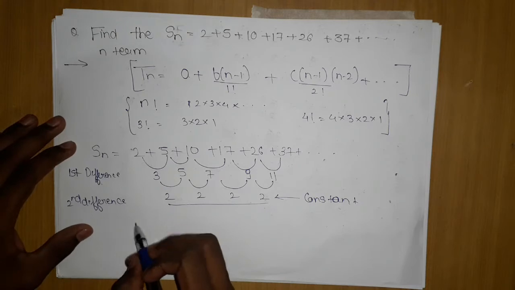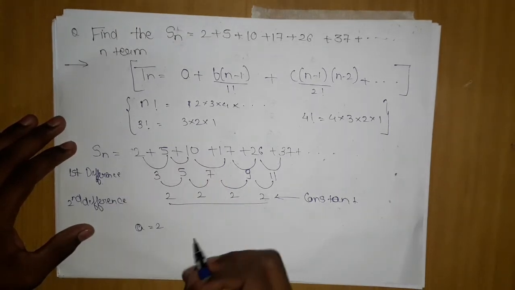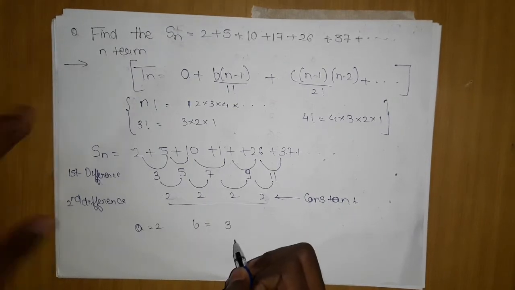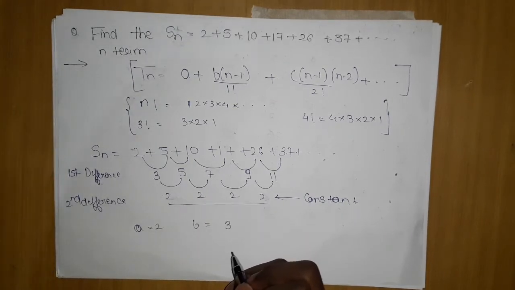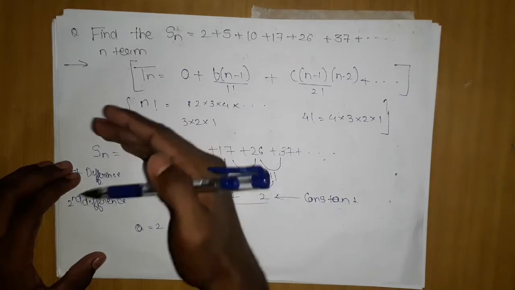So what is a? A is the first term. What is b? B is this 3. Sorry, we will consider this also. There are three rows, 1 2 3.